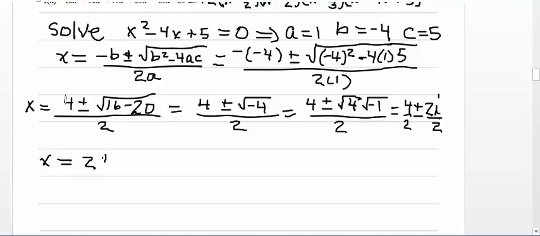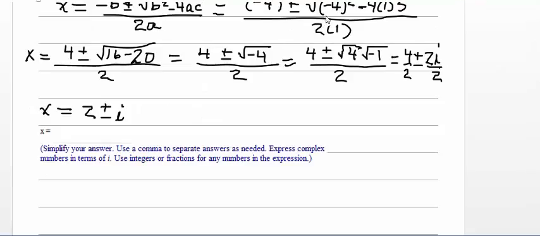The square root of negative 1 is i. I divide the 4 and the 2i by 2, and I get x is 2 plus or minus i. So those are the other two zeros.